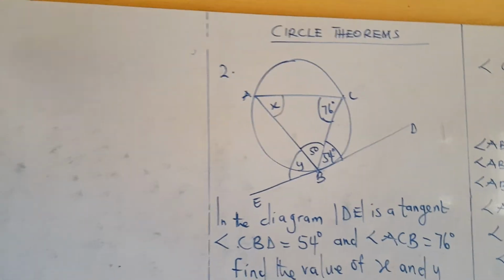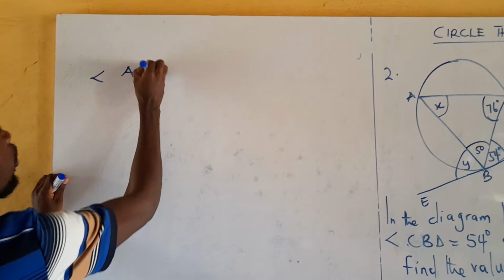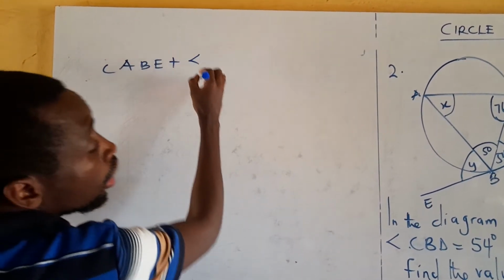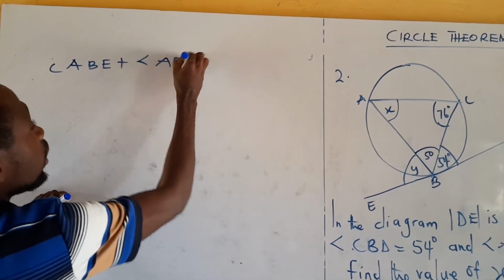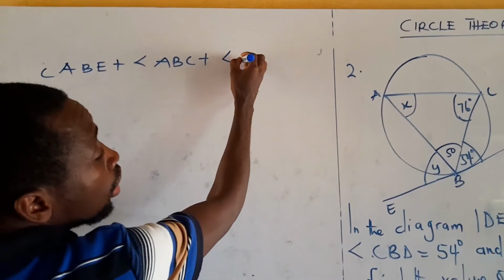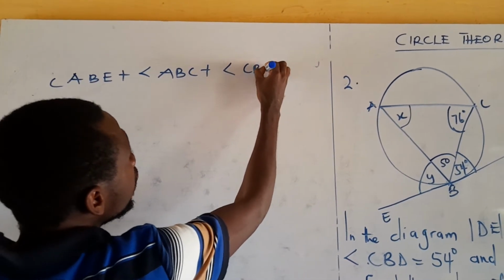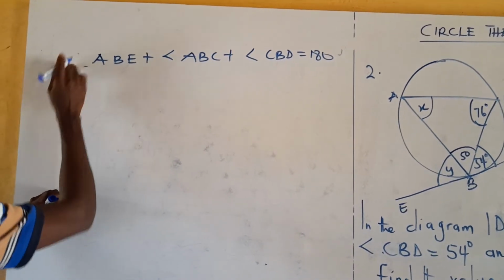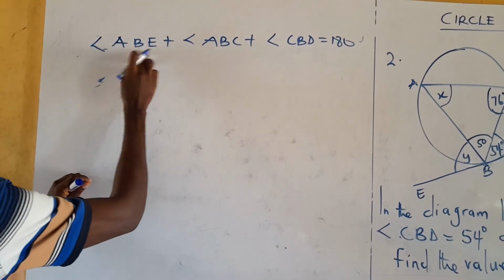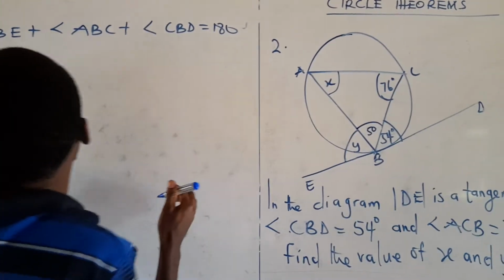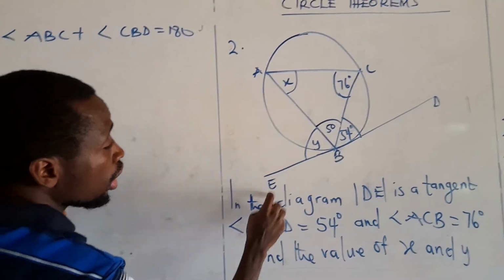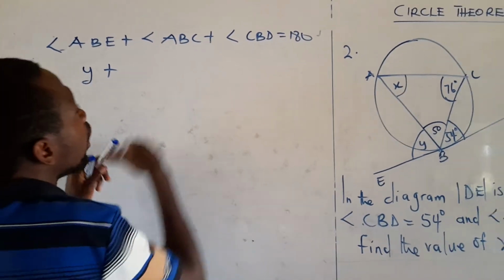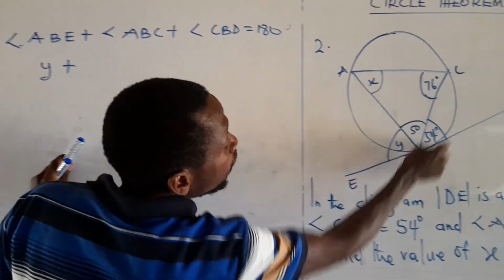So our angle ABE plus angle ABC plus angle CBD will be equal to 180 degrees. Our angle ABE is y. So we say y plus angle ABC is 50.